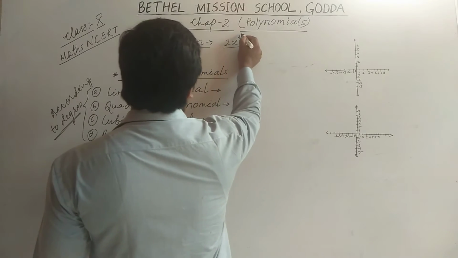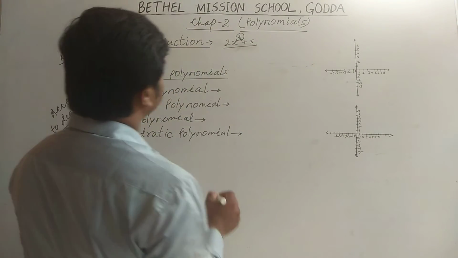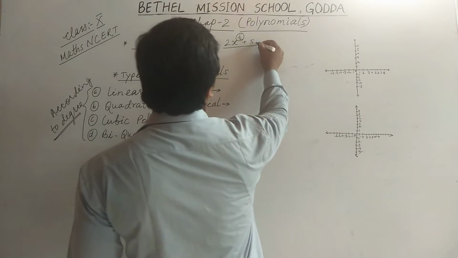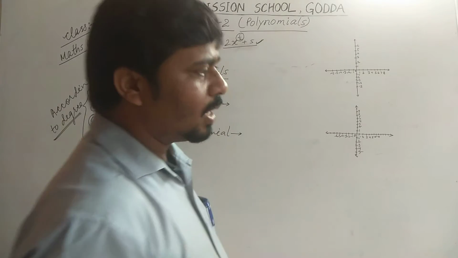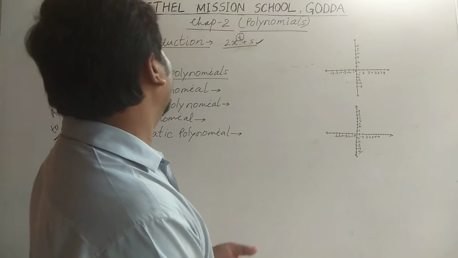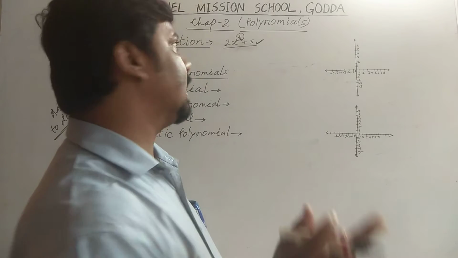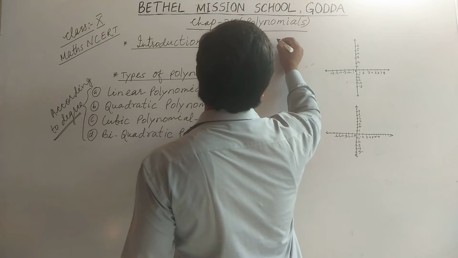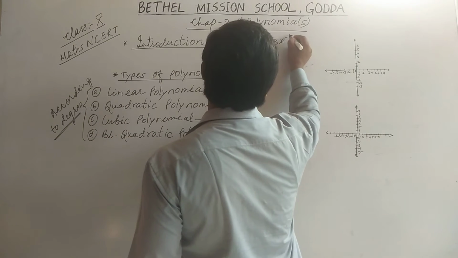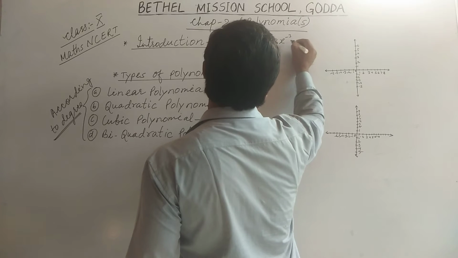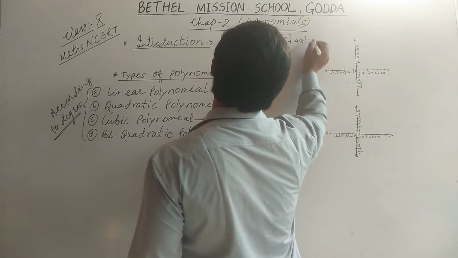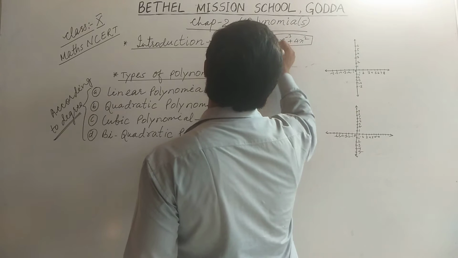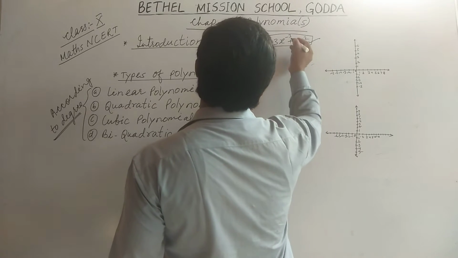You can see the power is a fraction, so this is not a polynomial. The power should also not be negative, for example 3x^(-3) + 4x^2. If an expression is like that, this is not a polynomial.